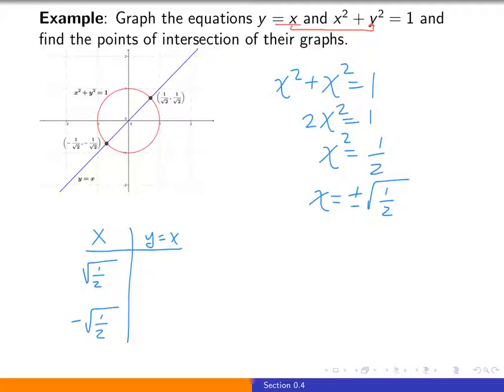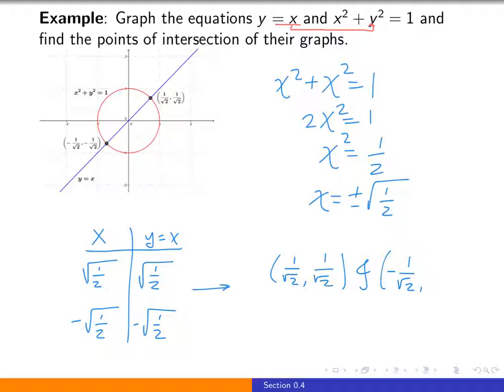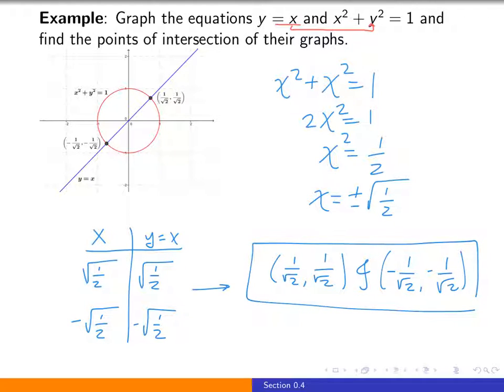So if x is the square root of 1/2, so is y. If x is minus the square root of 1/2, so is y. And that gives us the 2 points of intersection: (1 over root 2, 1 over root 2) and (minus 1 over root 2, minus 1 over root 2), which correspond very nicely to these points of intersection we've indicated in the above graph.